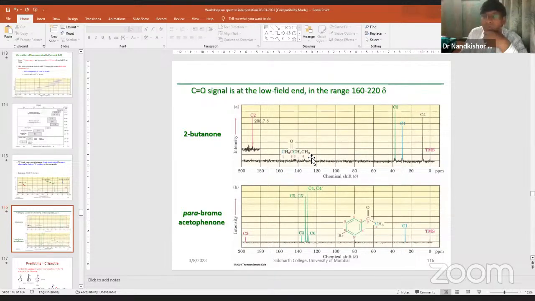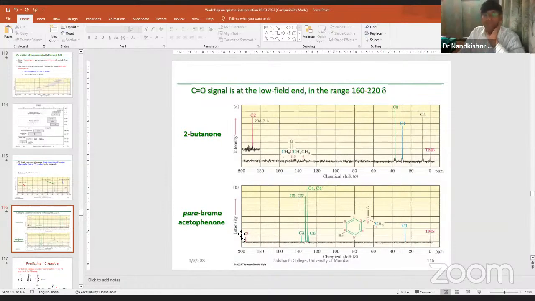The C4, which is attached to the CH2, is less deshielded, that means it is shielded, and the methyl group attached to the carbonyl group, as we know the carbonyl group is considered to be electron withdrawing because of the electropositive character of the carbon. So the carbon attached to the carbonyl carbon is considered to be more electronegative than the carbon attached to the carbon of an alkyl group. So that's why here C3 is more deshielded than C4.